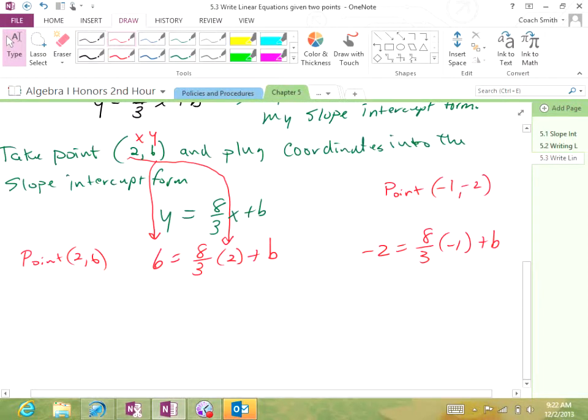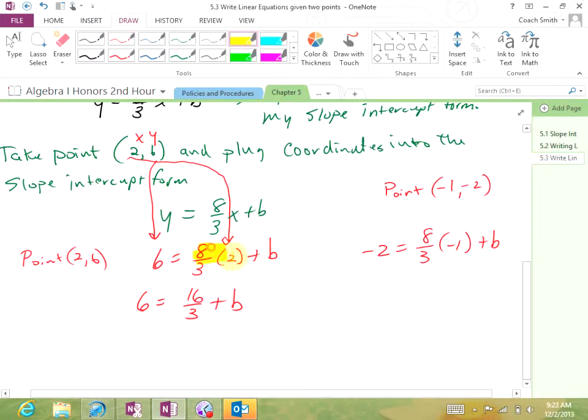Now, most of the ones you're going to have in these problems are going to be fractions. Okay, your slope's going to be a fraction, and your b is going to be a fraction. So don't think you messed up. Okay, don't think you messed up if you're getting a bunch of fractions. Now, to solve this, then what we do is this. 6 is equal to 16/3 plus b.